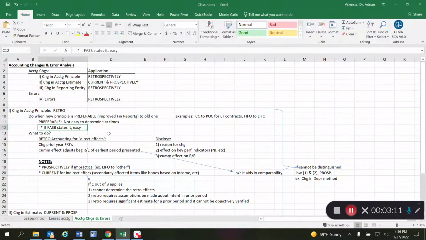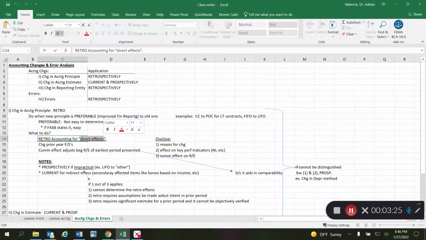Okay, so what do we do when we have this scenario? We will apply the changes retroactively for direct effects. So that's interesting to think about. There are things that we change on the financial statements that are affected directly. These are the accounts themselves that are affected, versus things that are indirect. So you might have a bonus or some form of compensation that is based on net income.